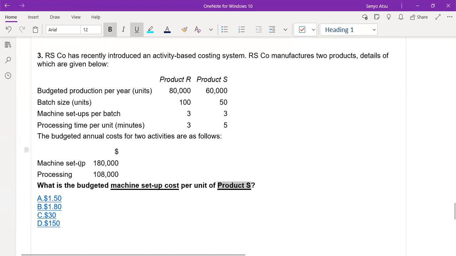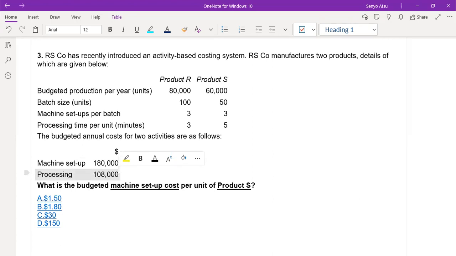All manner of costs are given to you, including machine setup and processing. Anybody who doesn't read the requirement well and analyzes both costs is likely to get his or her answer in the options. What's the budgeted machine setup? So the emphasis is on only setup cost. So spending time doing processing is a complete waste of time.